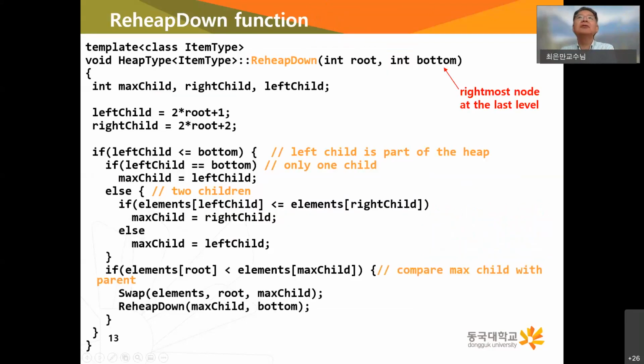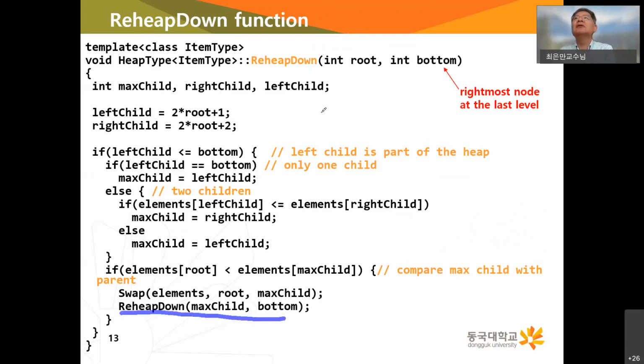자, 그러면 그거를 프로그램 해봅시다. This is the implementation for the heap down function. So this one is the recursive function. Why? Here, heap down again. Okay.